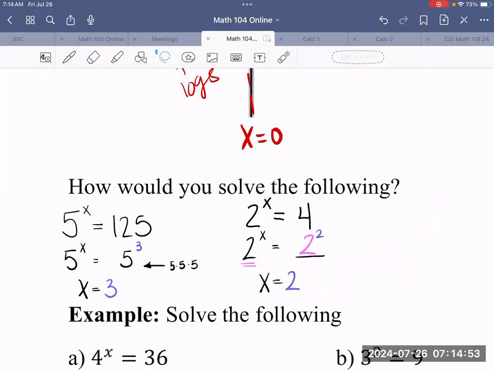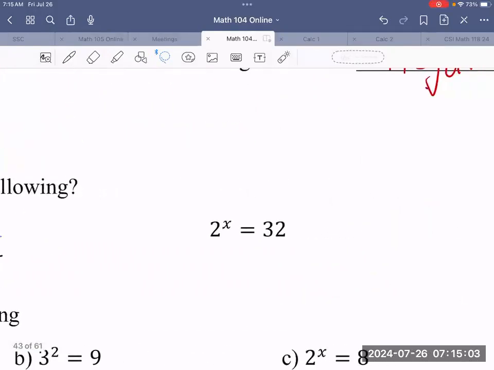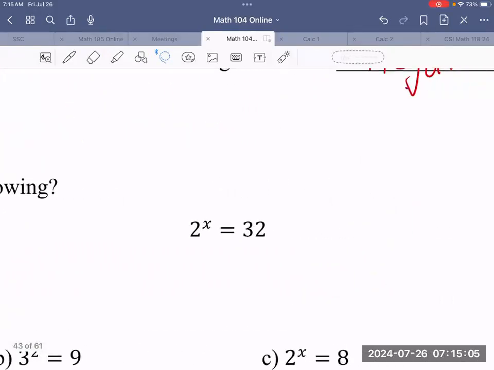If you're noticing that on both sides of the equation they can be made into having the same base, we don't need the logarithm rule. So try it again on your own for this one. How many 2's do you have to multiply to get up to 32?